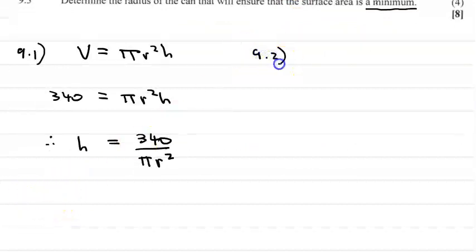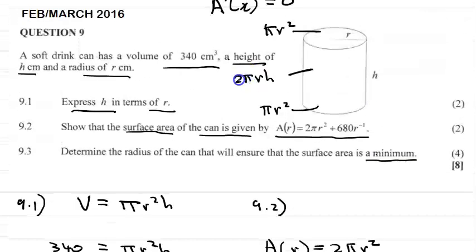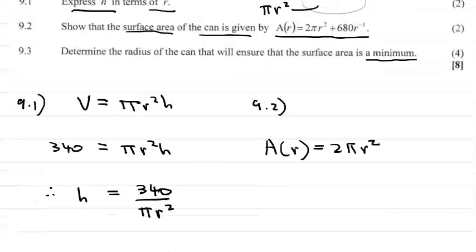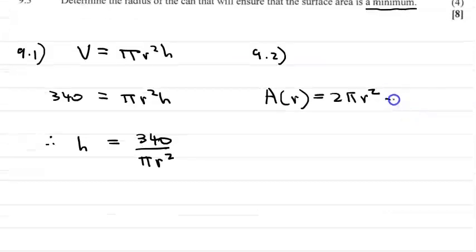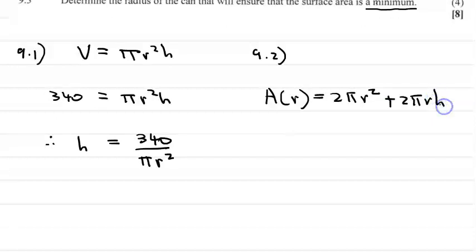So for 9.2, we can now say that A of r is equal to 2 pi r squared plus 2 pi r h. Now remember that in the first question we wrote h in terms of r.